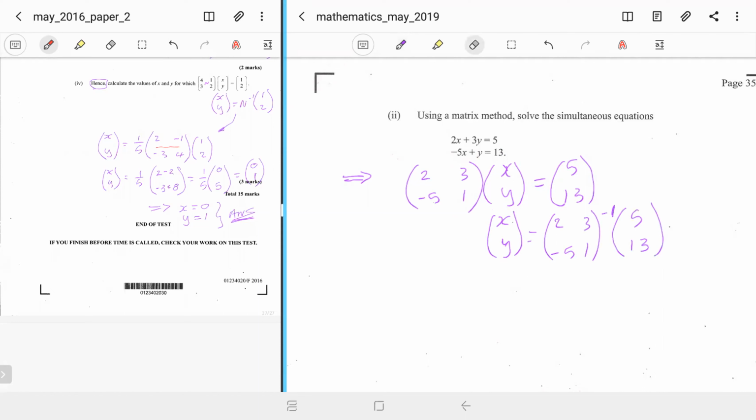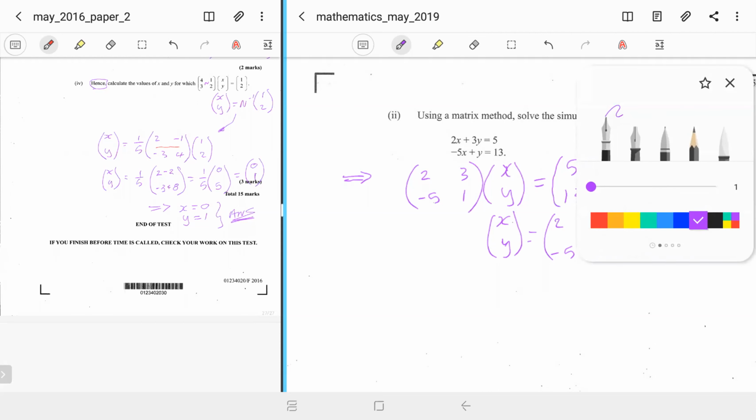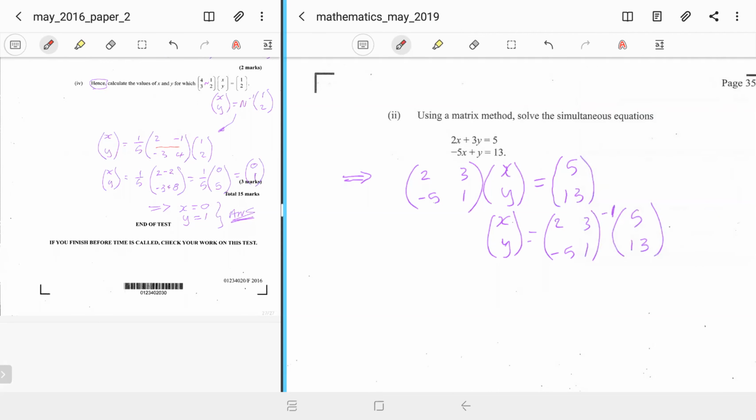Remember, this is to the negative 1, meaning I have to find the inverse of this matrix.